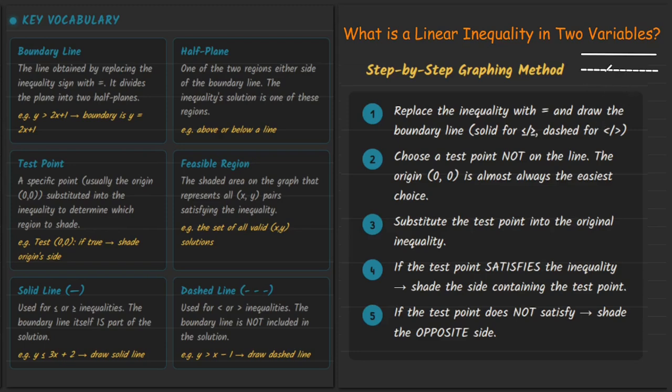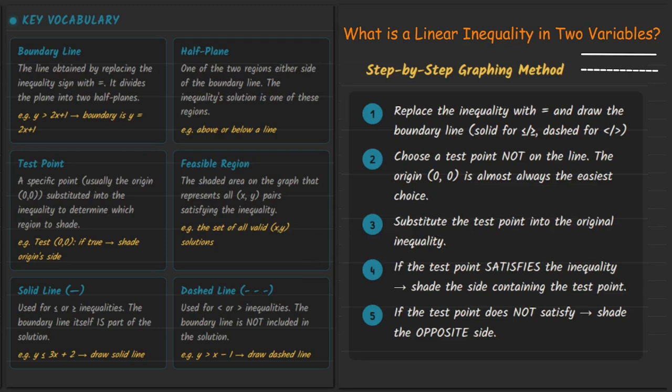Now, once you've got your boundary line, you choose a test point not on the line. Most often, if the origin, that is (0, 0), is not part of the boundary line, it is always easy to use it as your test point.